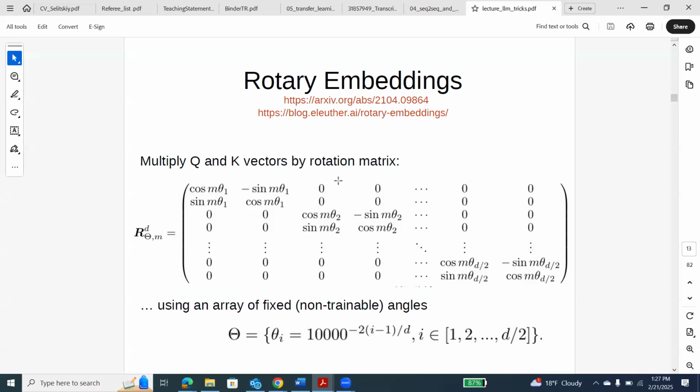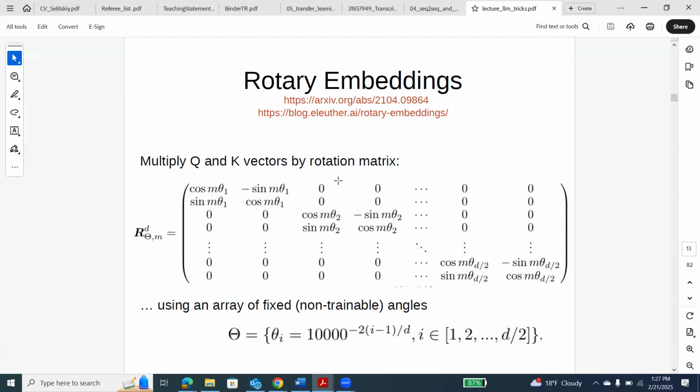So that's why it's called rotary embeddings. It will rotate every component of your embedding by a different angle. You can see that the last component will have the smallest angle.